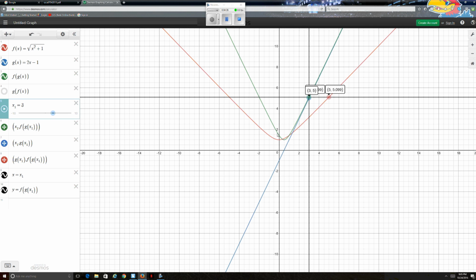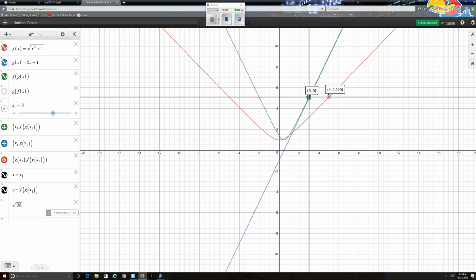It's kind of hard, but you can see here's the 0.35. Then it comes over here to 5 and 5.099. Well, what's the square root of 26? That's about 5.099. That's the answer that we got before.